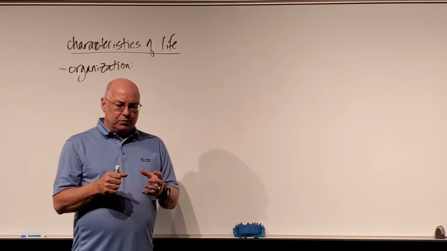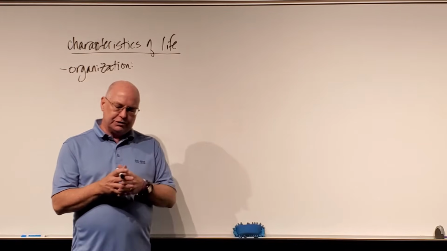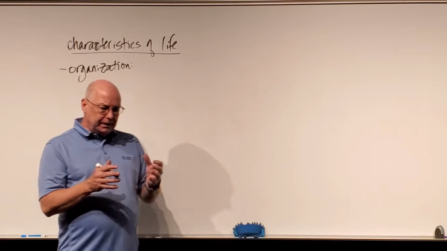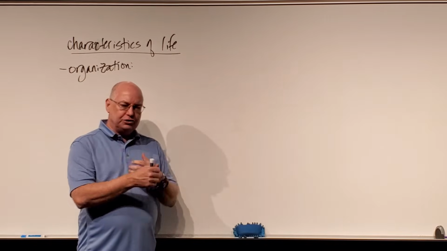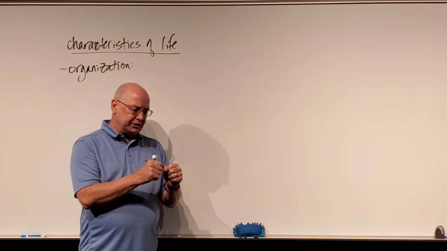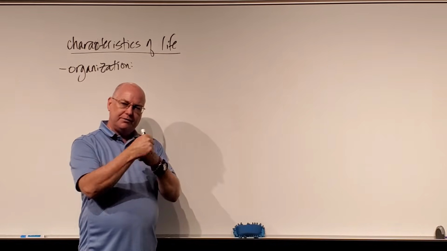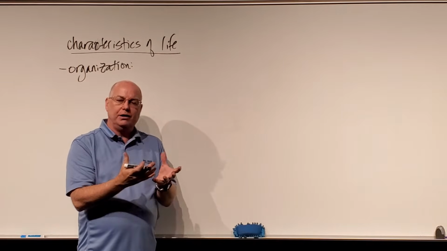Now, when we look at cells, cells are made up of smaller units, and some of those units are called atoms. And you study a lot of atoms in chemistry. And we're going to do a lot of chemistry in this class. Atoms all behave independently, but sometimes when a couple of atoms come together and interact, they form a molecule.